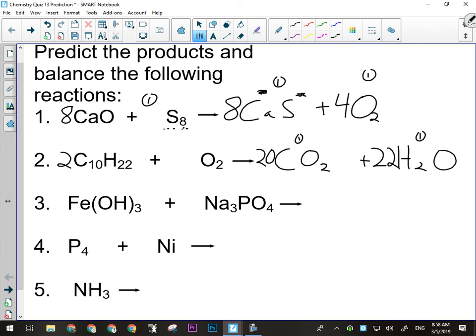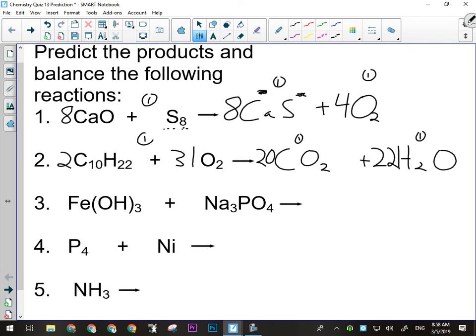So I have 44 hydrogens on both sides. Now I need to figure out how many oxygens I have. I've got 40 oxygens in the carbon dioxide, plus another 22 is 62 oxygens, which means I need 31 over here. So if they have 2, 31, 20, 22 for their balancing numbers, then they can have that third and final mark.